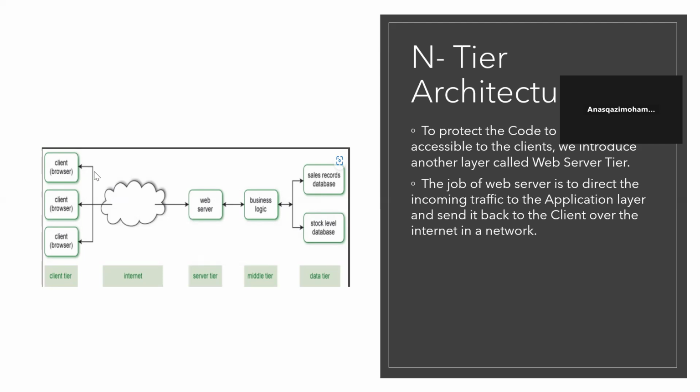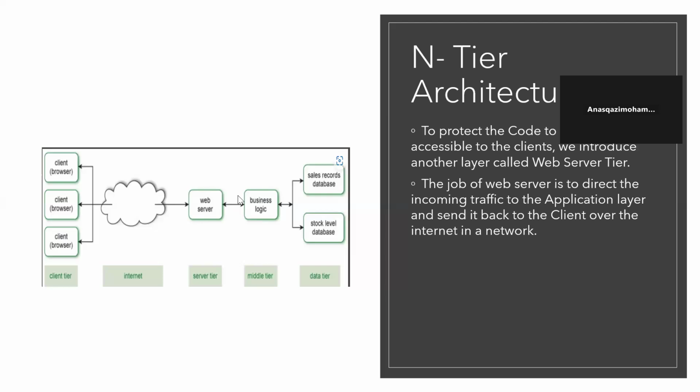Like if you type google.com, it would look into where the request is coming from and what server or application it is going through, and analyze whether it's coming from the right protocol, which might be http or https. According to that, it is configured to check these protocols, the security and the firewall, and then forward it to the business logic. The business logic would have the application on it.